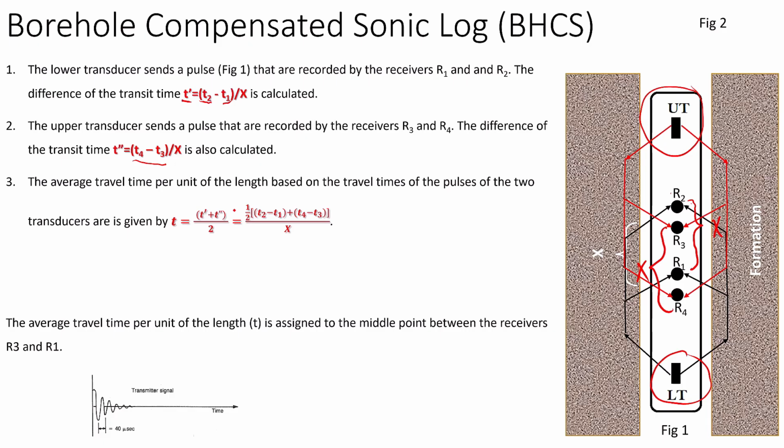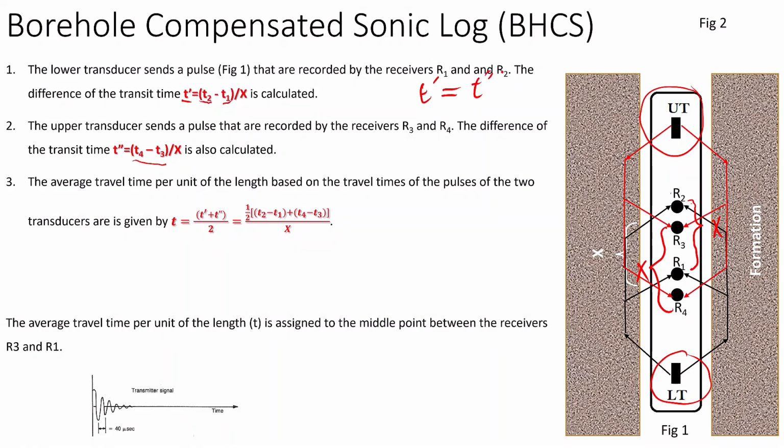So if there was no noise in the borehole, and if the formation was homogeneous, T prime and T double prime should be equal.